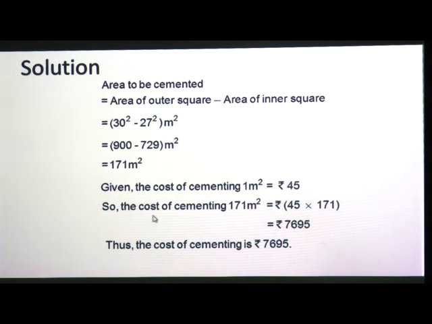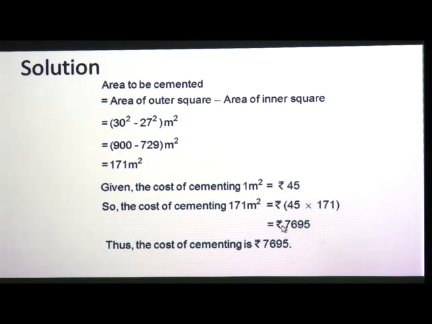So, the cost of cementing 171 meter square, how much area we got? The area to be cemented is 171 meter square, which is equal to rupees 45 multiplied by 171. After multiplying, the product will be 7695.